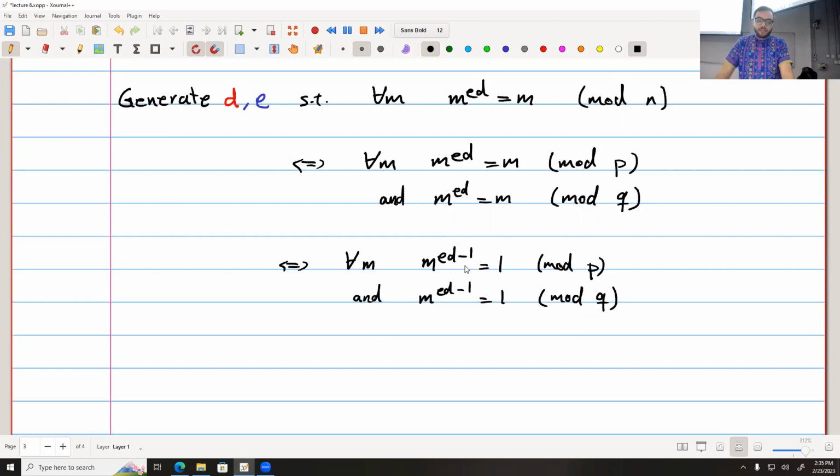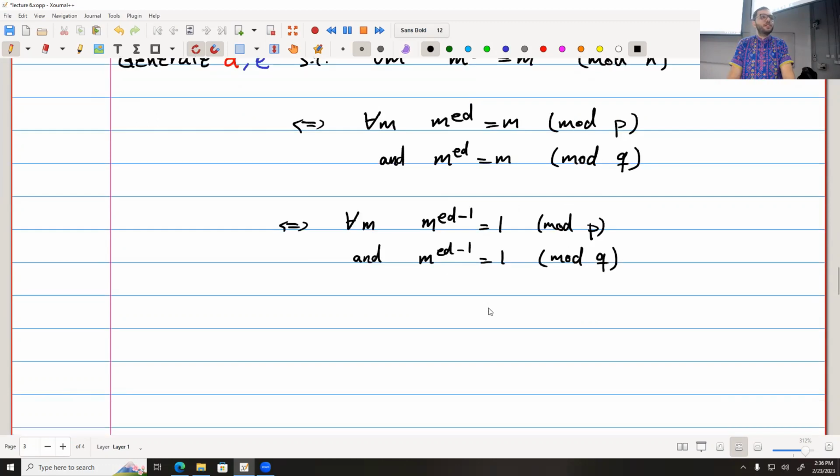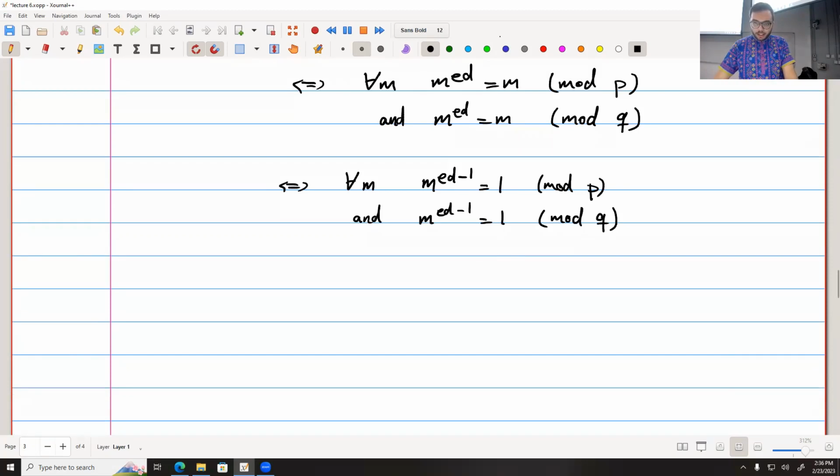I know that if this power that I'm using here is a multiple of p minus 1, then this equation definitely holds. And I also know that if the power is a multiple of q minus 1, then this equation definitely holds. So I just make sure that my power is a multiple of both p minus 1 and q minus 1. Okay. So this is the idea.